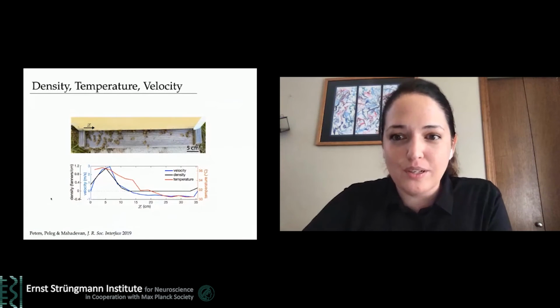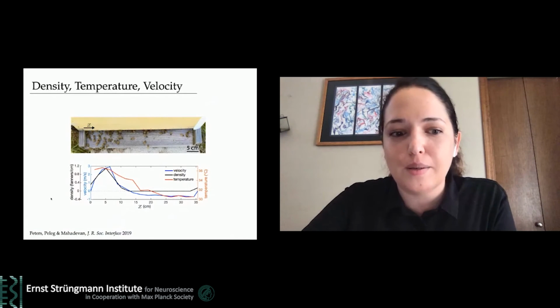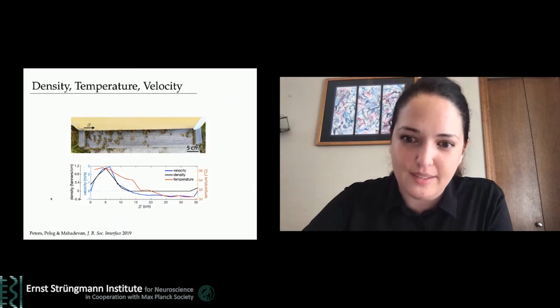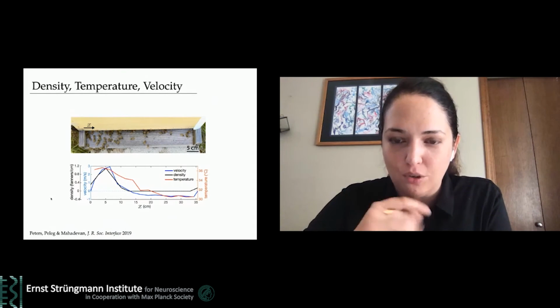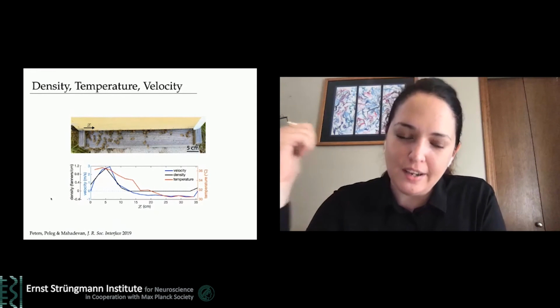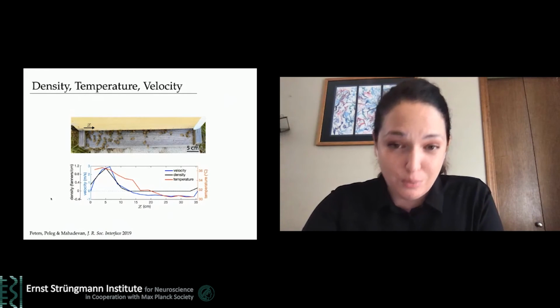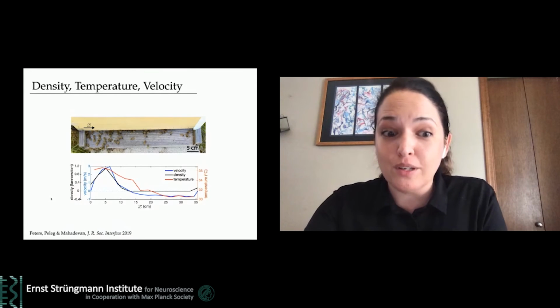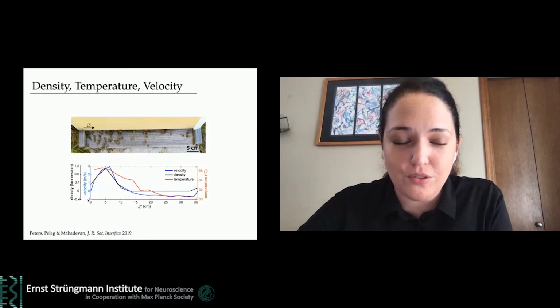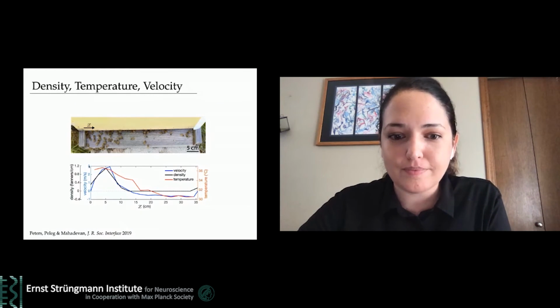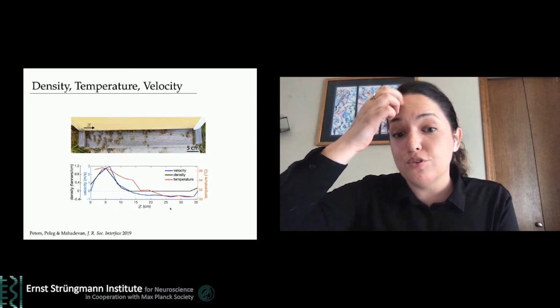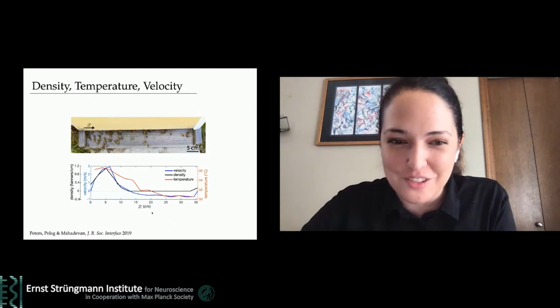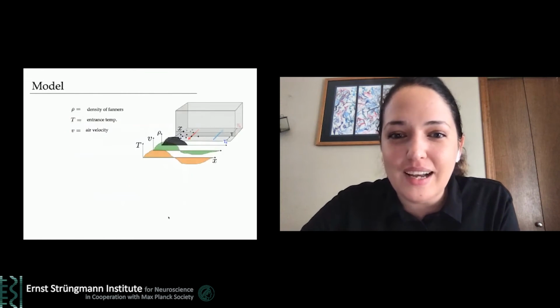These experiments were quite informative because they showed us that the positions of the bees that are fanning along the entrance, as well as the air velocity and the local temperature, are all coupled. This is what we're seeing in the plot over here. All three quantities are plotted as a function along the entrance of the hive.